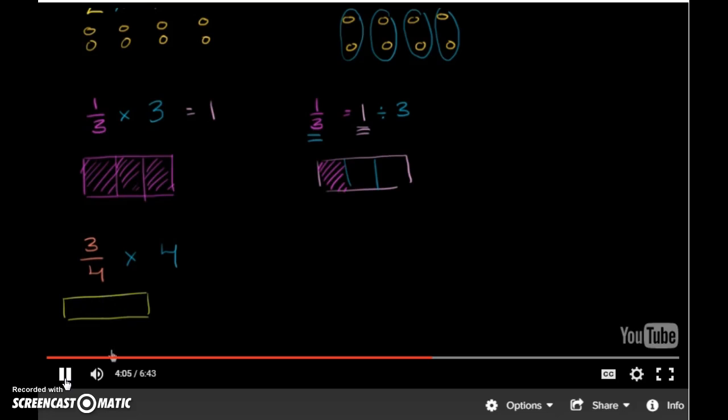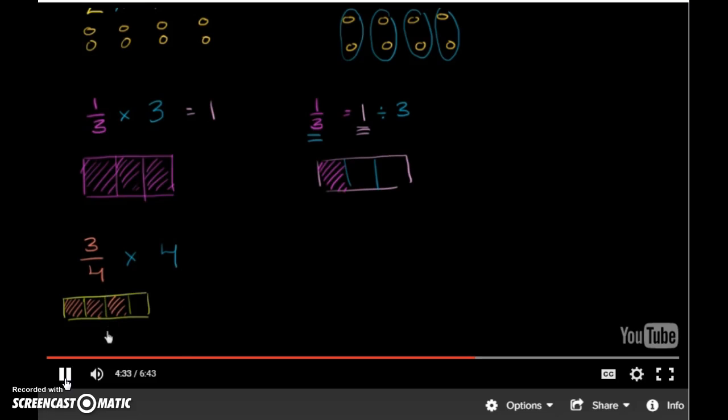Actually, I could draw it a little bit better than that just to make the 4 equal sections actually look equal. So that looks like a little bit better of a job. I'm trying to make them 4 equal sections. And let me copy that one, so let me use it for later. Now 3/4. This is 4 equal sections, and 3/4 represents 3 of them. 1, 2, 3. But now we're going to multiply it by 4.